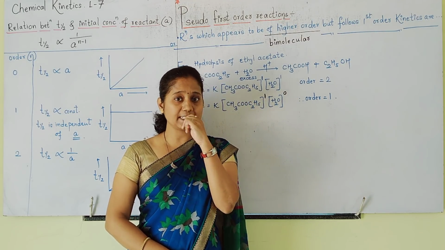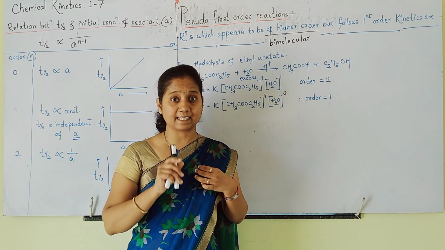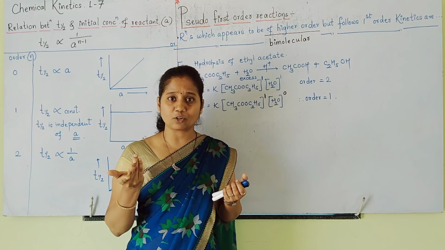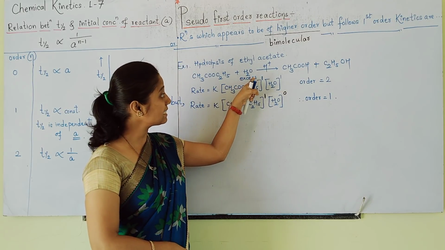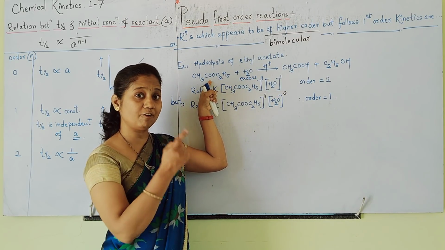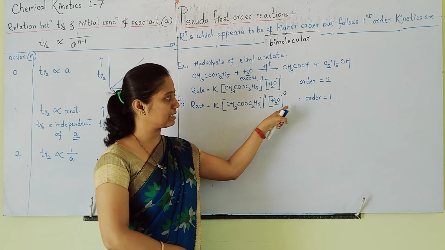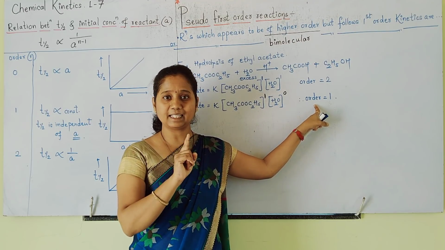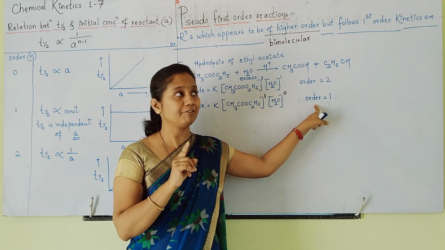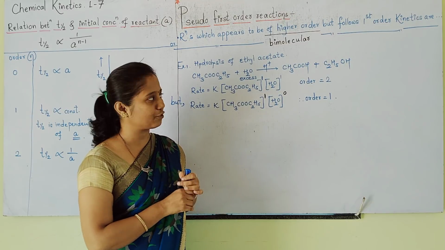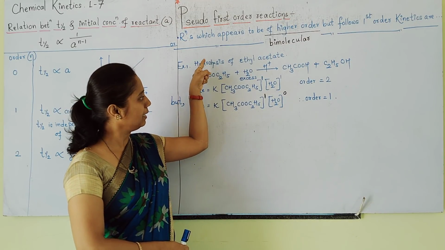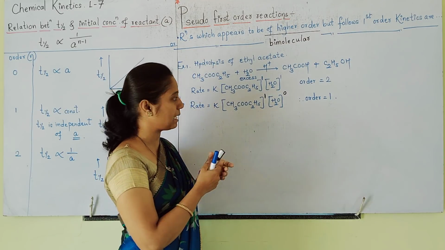In all hydrolysis reactions, you should consider water in excess, with not much change in its concentration compared to changes in the concentration of the other reactant. That's why we take water as constant, and order becomes 1. Like this you can explain an example of pseudo first order reaction. Student, you should not write only the heading. Write a complete explanation for the example.